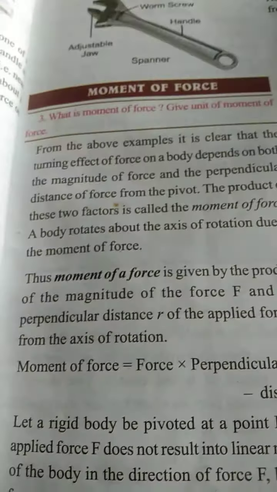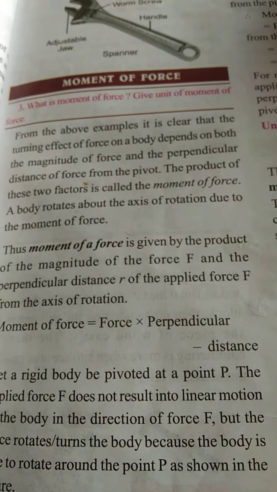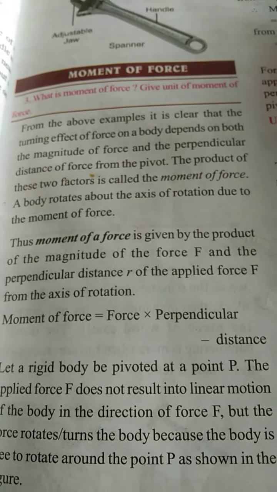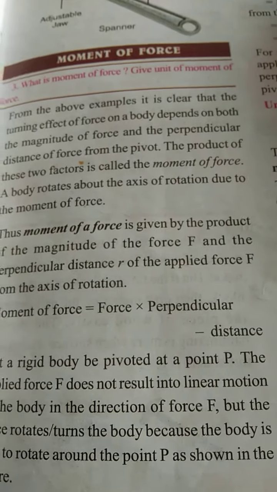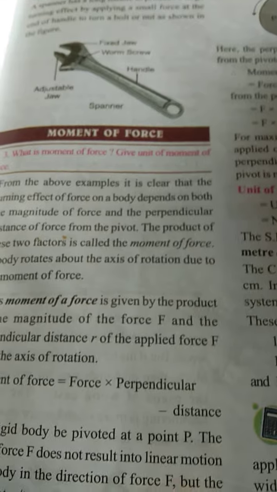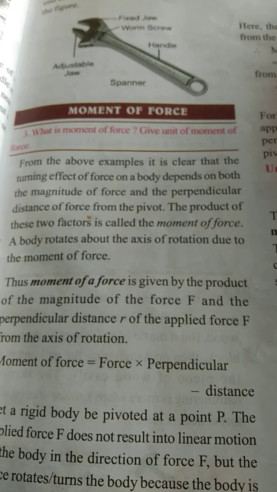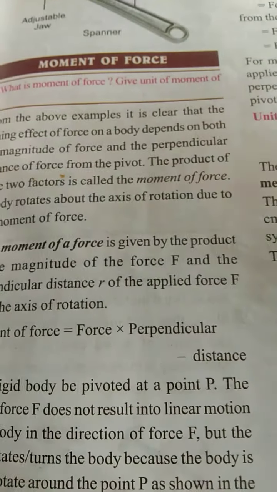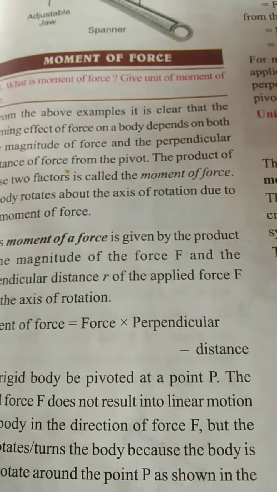From the above examples, it is clear that the turning effect of force on a body depends on the magnitude of the force and the perpendicular distance of the force from the pivotal point. The product of the two factors is called the moment of force. What is the product of force and perpendicular distance called?